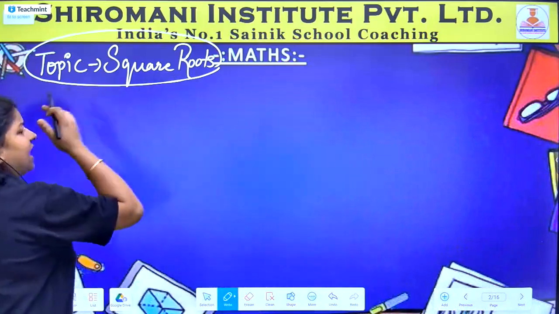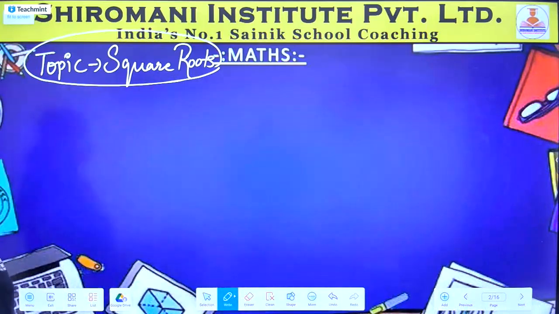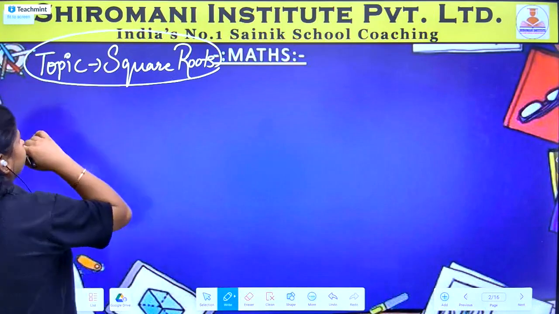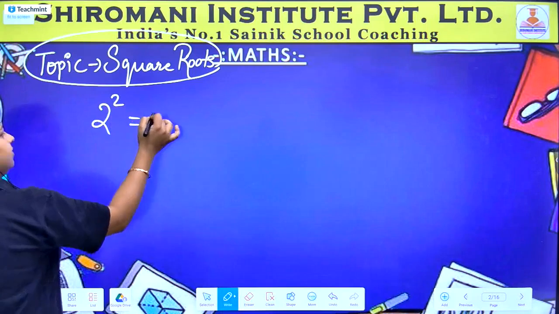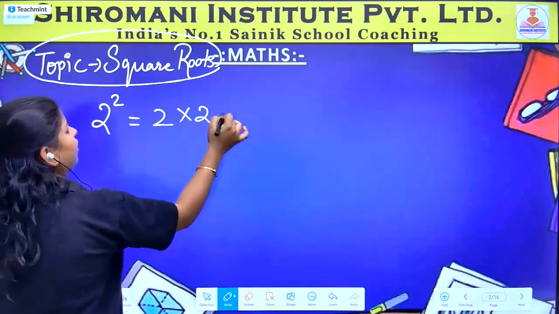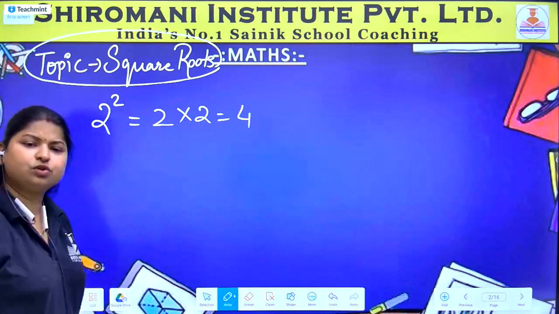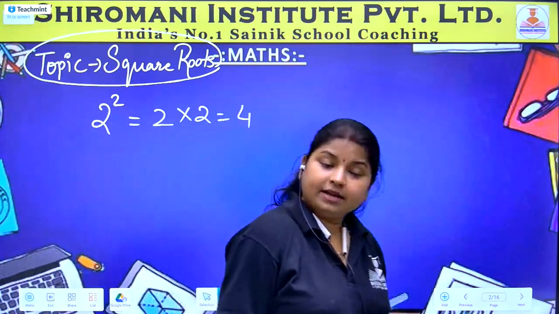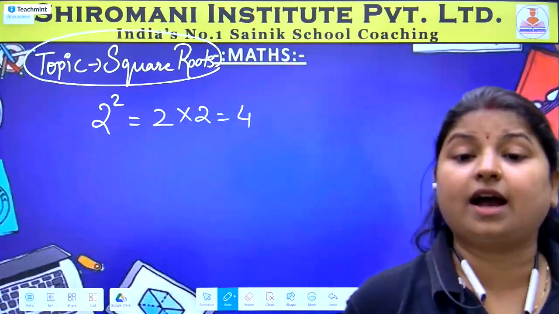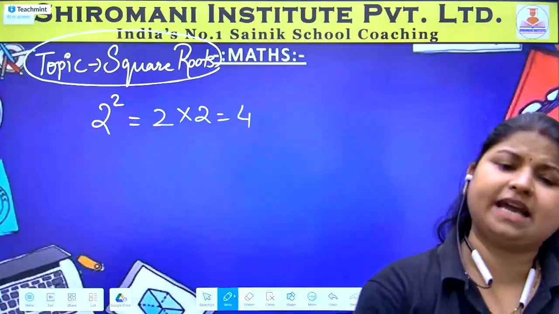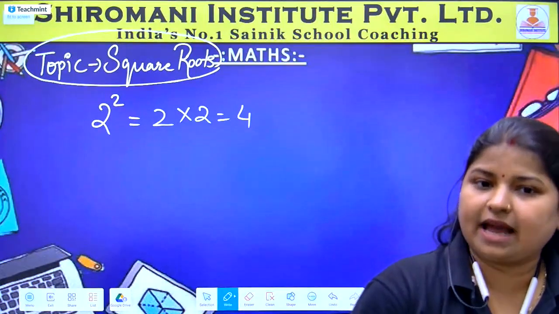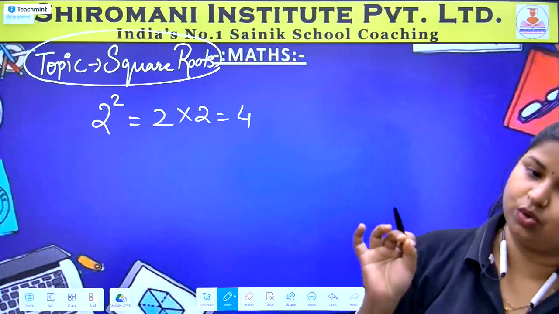So we have to calculate the square roots, right? Now, if I say the square of 2, that is 2 into 2, 4, right? Now, sometimes you are not asked to calculate the squares. Sometimes you are asked to calculate the square root, okay?